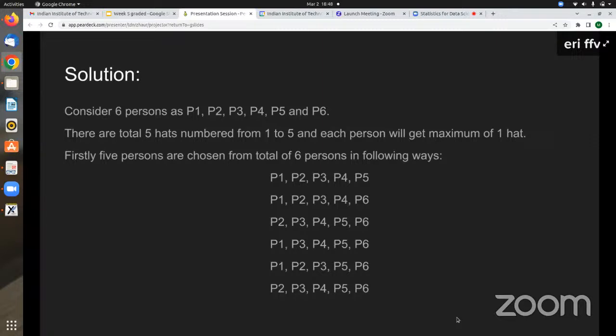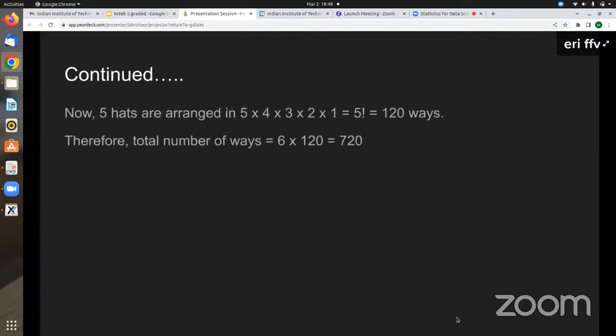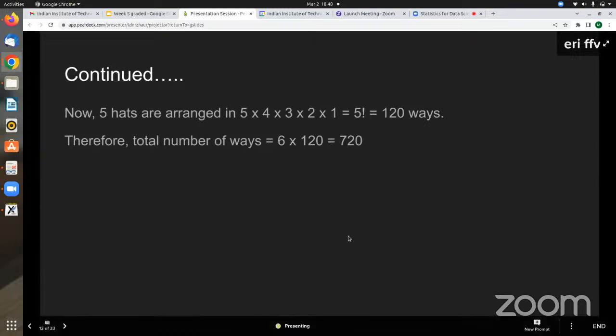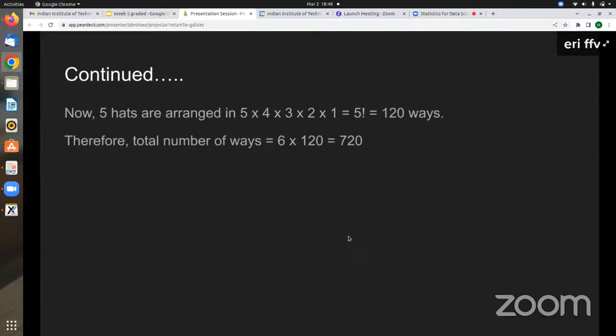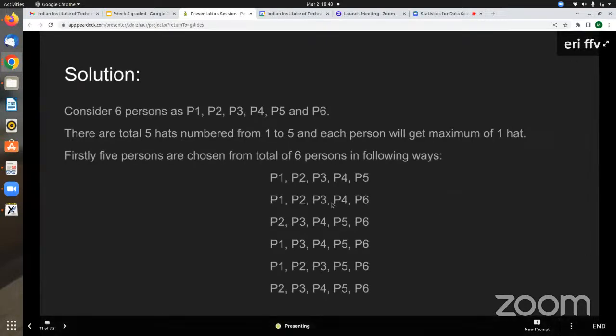So these 5 hats are then arranged in 120 ways, right? Because first you have to choose 5 people, and there are 6 ways to choose 5 persons. Correct?